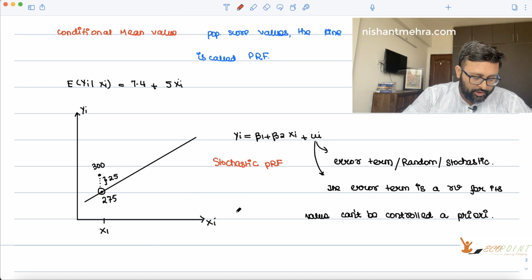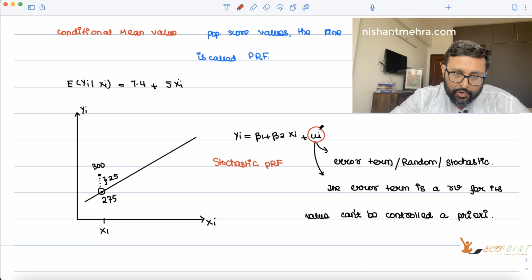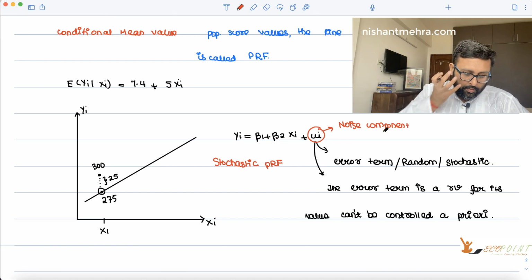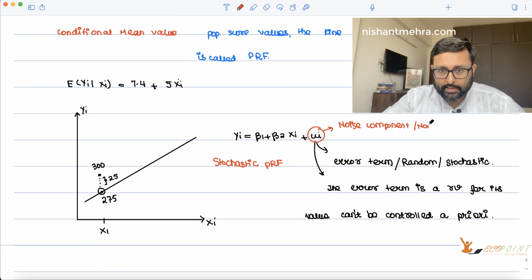And this one is the noise component or the error component, or stochastic component, or non-systematic component, or random component.